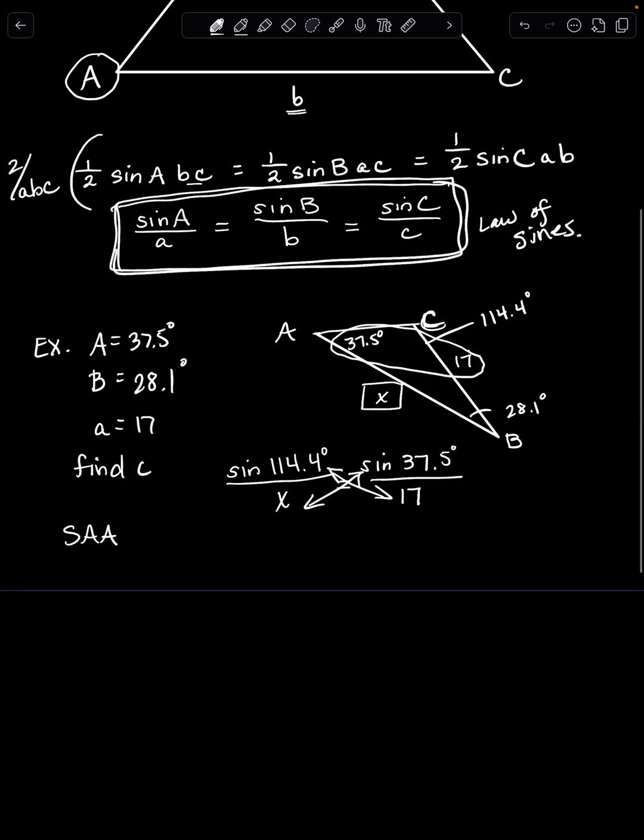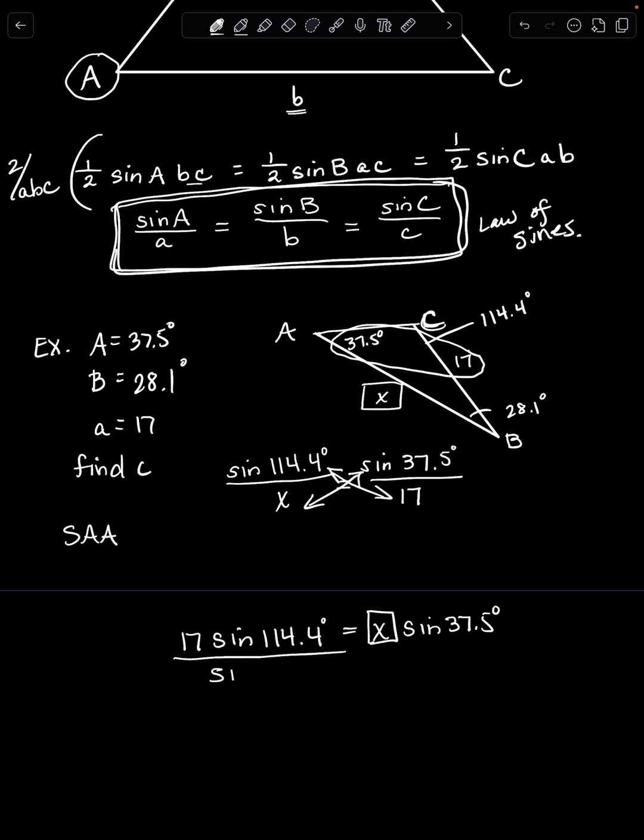So when I multiply, I get 17 times the sine of 114.4 equals x times the sine of 37.5. To isolate x here, I'm going to divide both sides by the sine of 37.5 degrees.